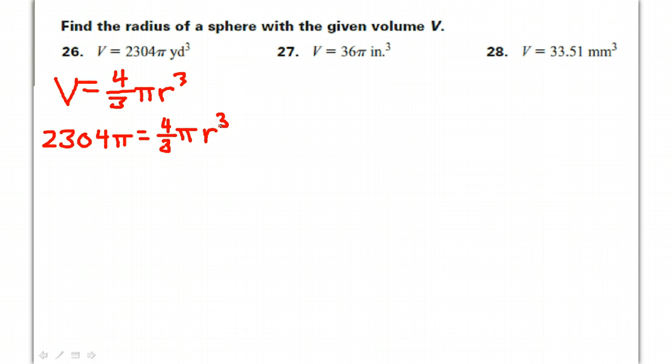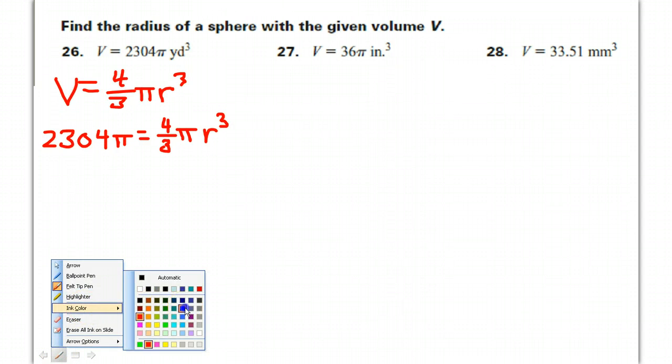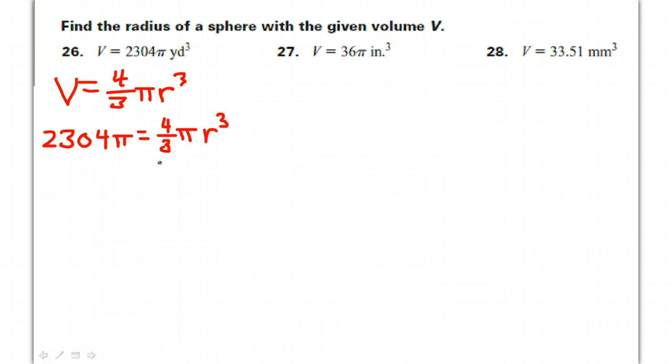Alright, please watch this very carefully. There are lots of different ways you could solve this, but I think this will be the most direct way for you guys to do it. Usually if I want to get this r to the third power by itself, I just divide by whatever's in front. I'm still going to do that.